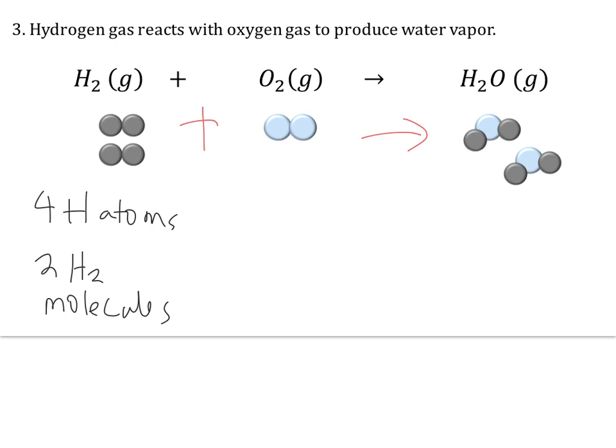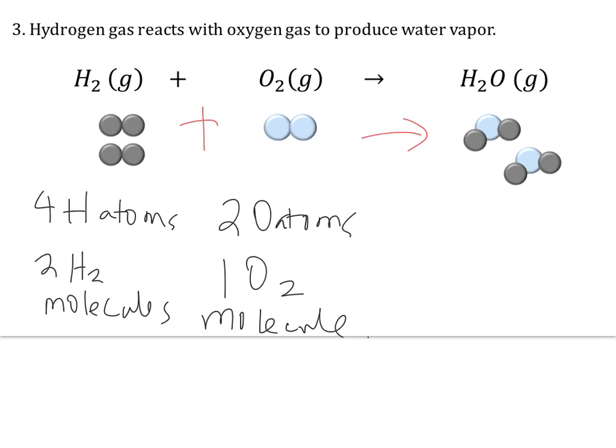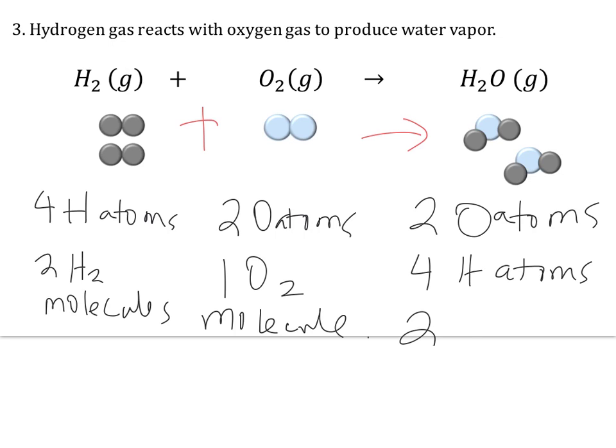Over here, we're showing 2 oxygen atoms, but we only have 1 O2 molecule. And on this side, we've got our 2 H2O molecules, but we actually have 2 oxygen atoms. We have 4 hydrogen atoms, and we have 2 H2O molecules.